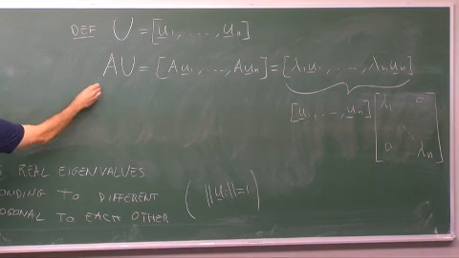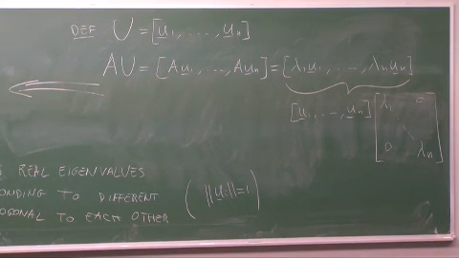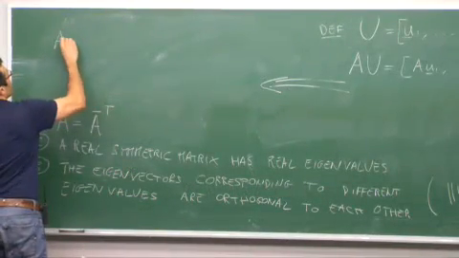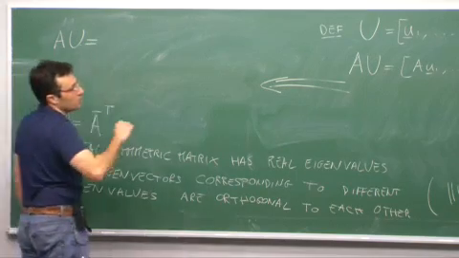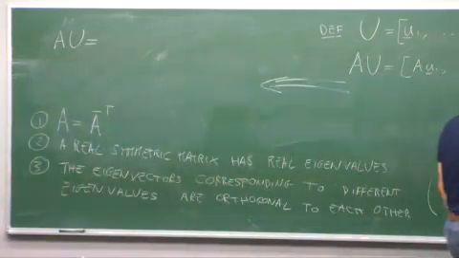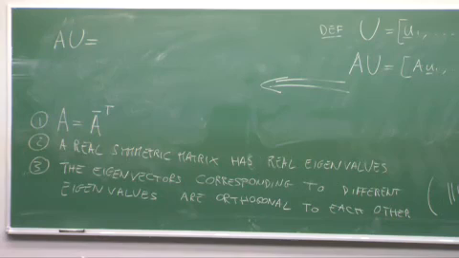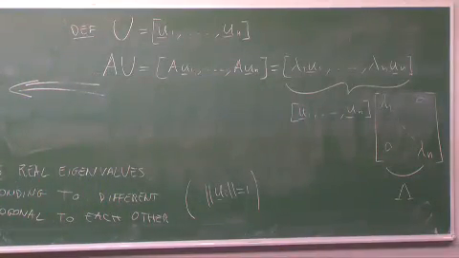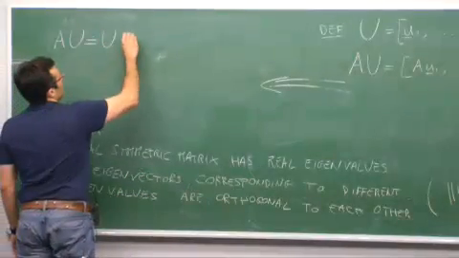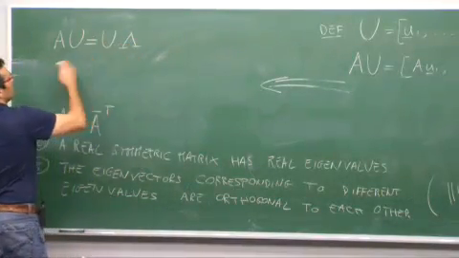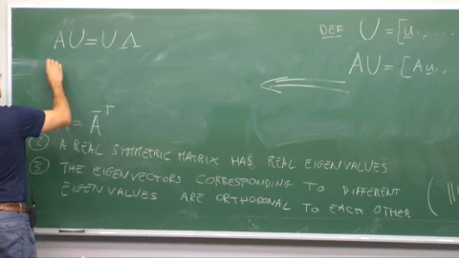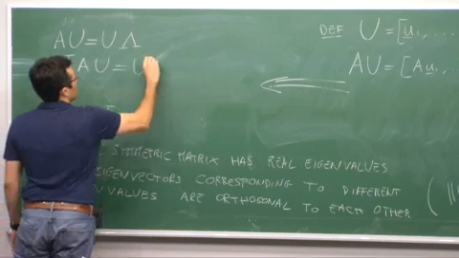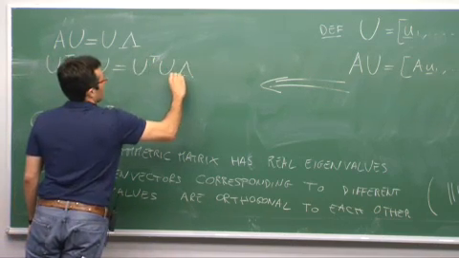So from here I can rewrite that A U is equal to, let me call this matrix here capital lambda. Okay. I'm sure you've seen this stuff before. So it's U lambda. I take this and multiply times U transpose on both sides. U transpose A U is equal to U transpose U lambda.